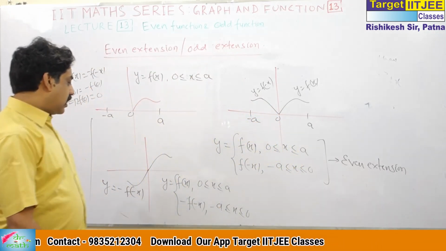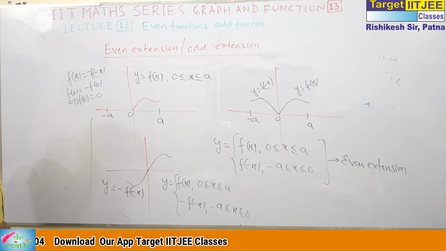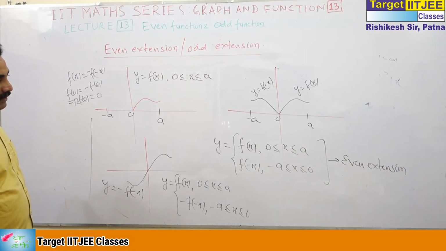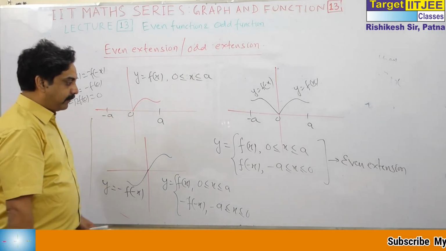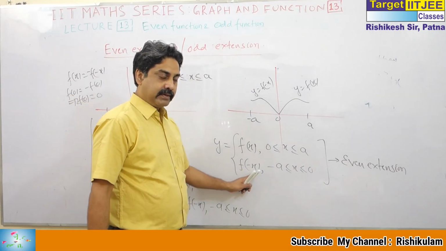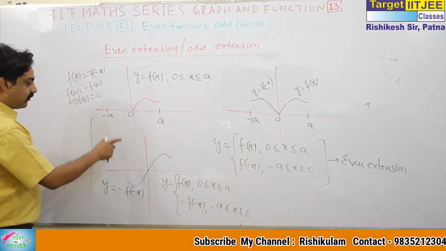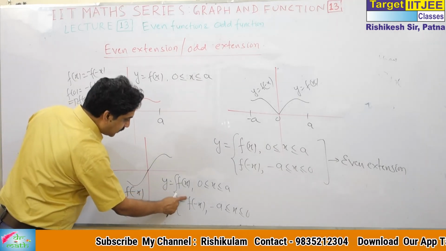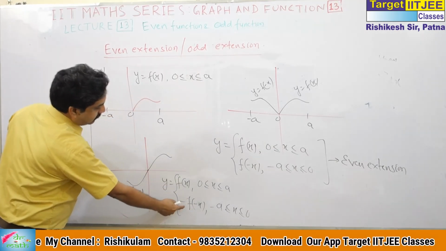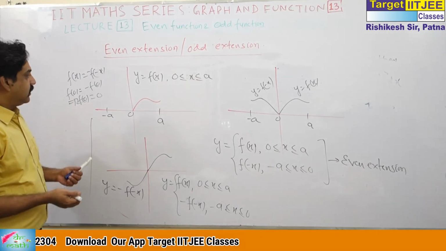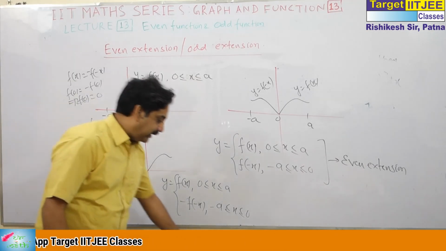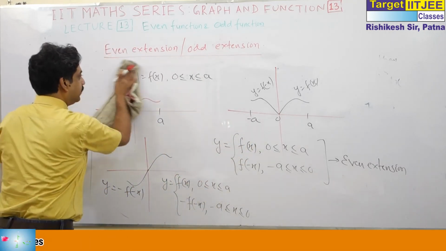So, how do we write even and odd extension? For even extension, for this part, we replace x by -x. For odd extension, we replace x by -x and put a minus sign in front.